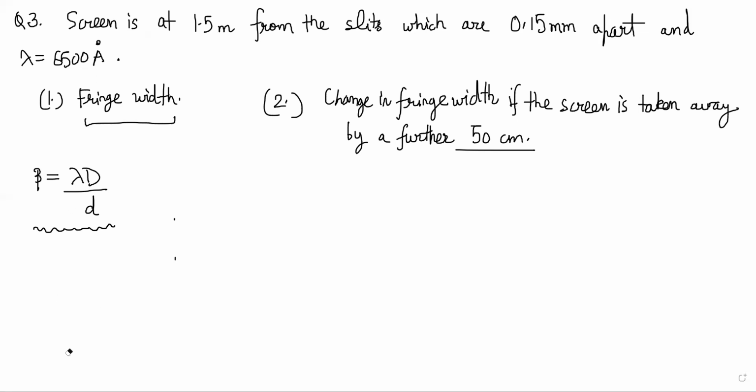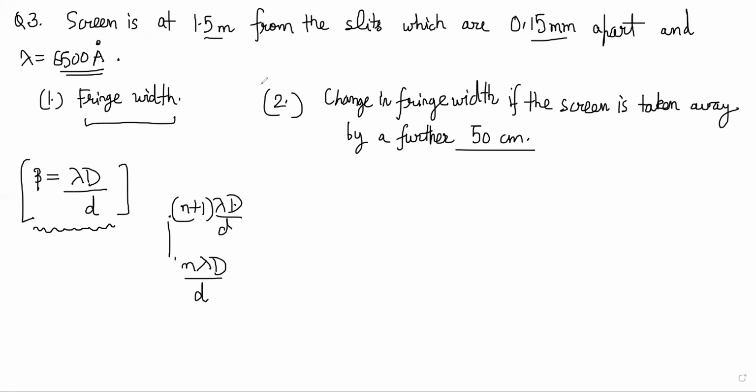Because (n plus 1) lambda D by d minus n lambda D by d. So the fringe width is lambda D by d. So you just put the values here, lambda, capital D, small d, and you'll get the answer.